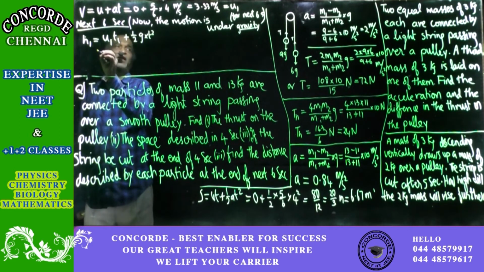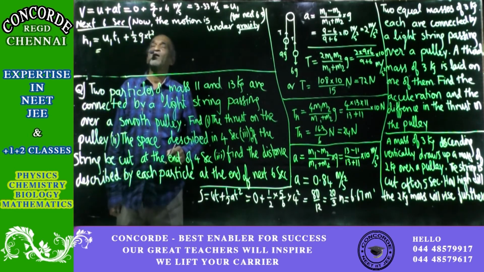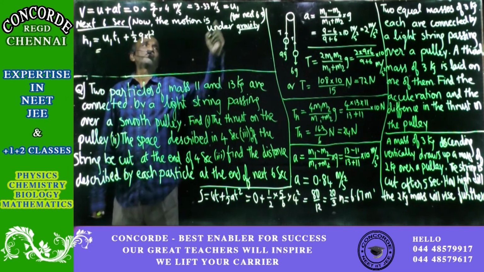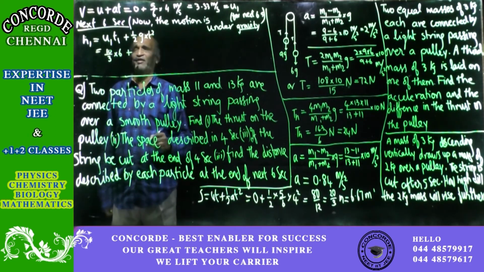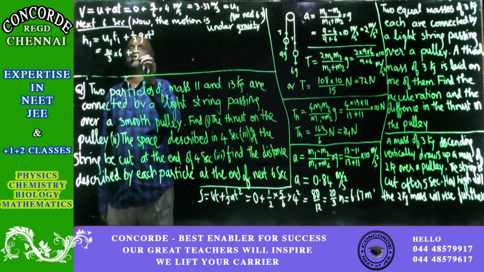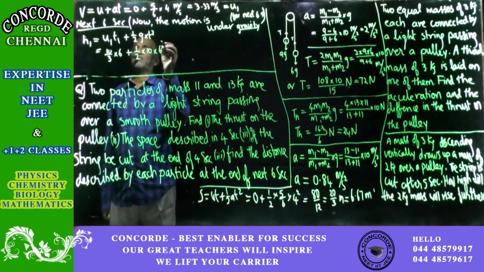So that is equal to the value of u1, which we have found out just now, 10 by 3, times 6 seconds, plus half, take g as 10 if nothing is mentioned, t square will be 6 square, and that will be in meters.